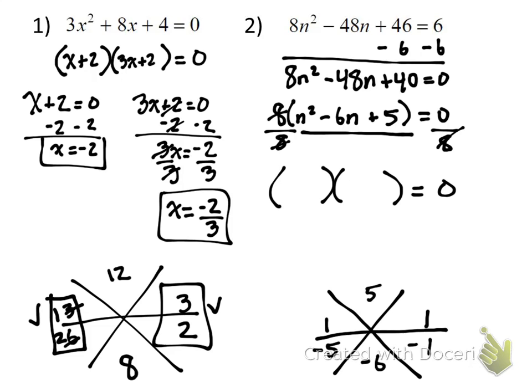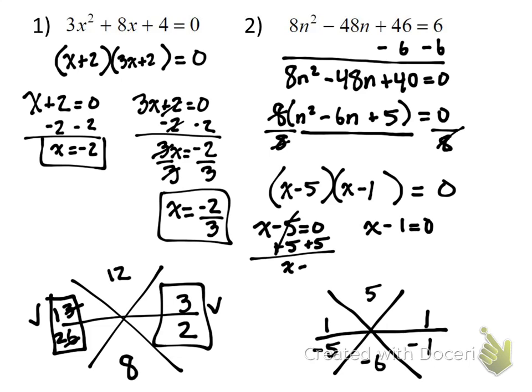And we got x minus 5 and x minus 1. Zero product property, x minus 5 is equal to 0. X minus 1 is equal to 0. Add 5 to both sides, you get x is equal to 5. And on the right hand side you add 1 to both sides and you get x is equal to 1. Those are your two answers.